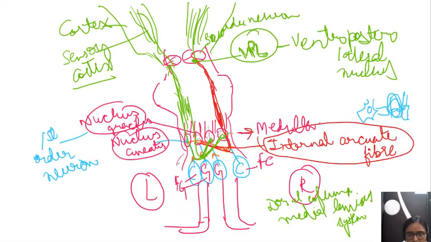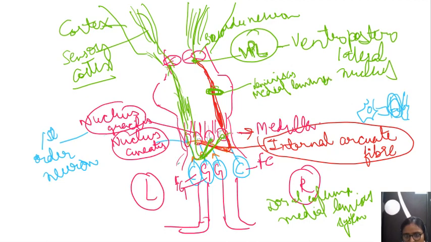See here, after crossing it reaches the pons, and there it will form a flattened bundle. Earlier it was circular, so here it is flattened. It will form the lemniscus, and it is coming medially, so it is called the medial lemniscus.